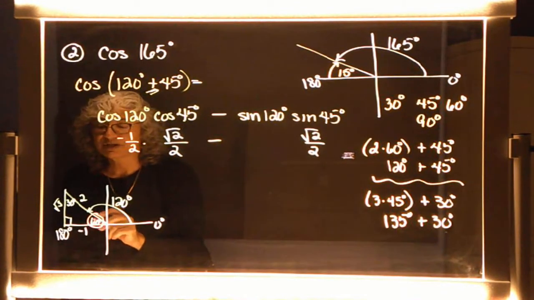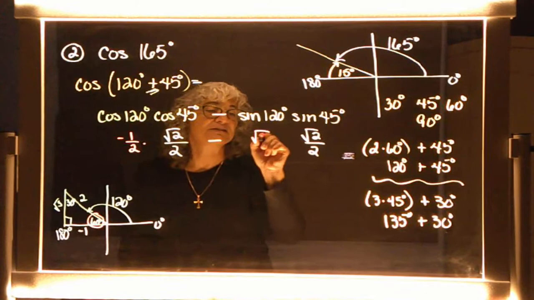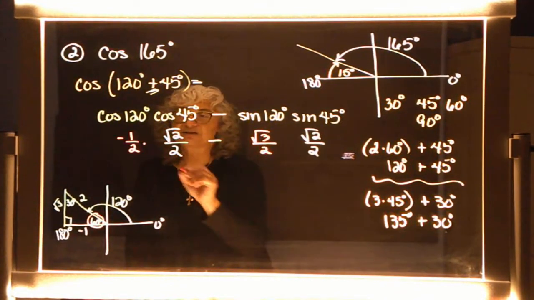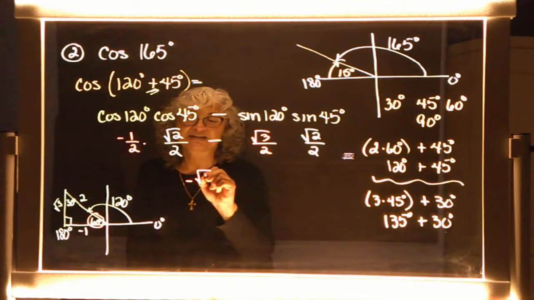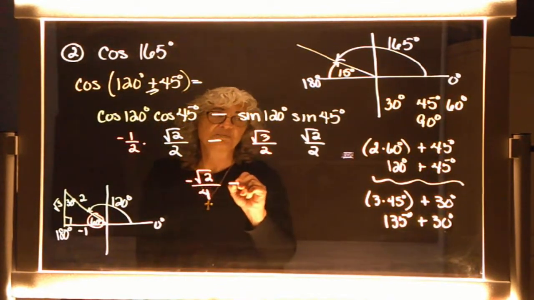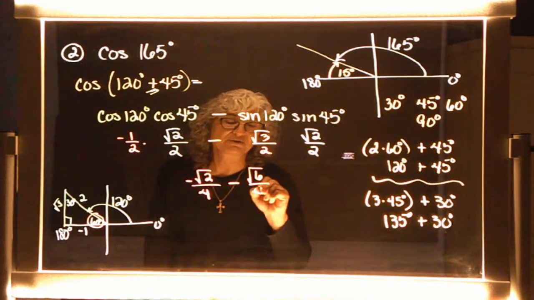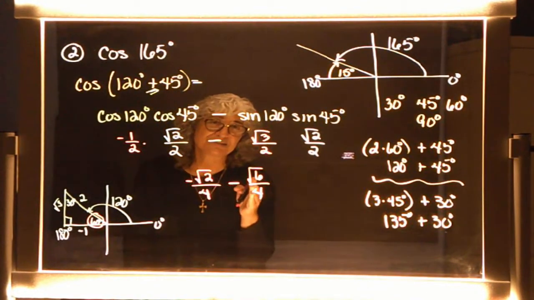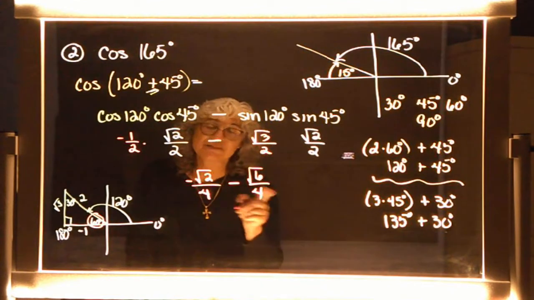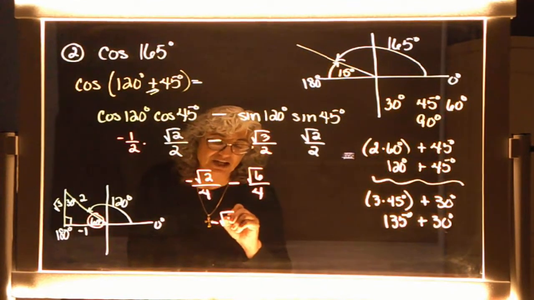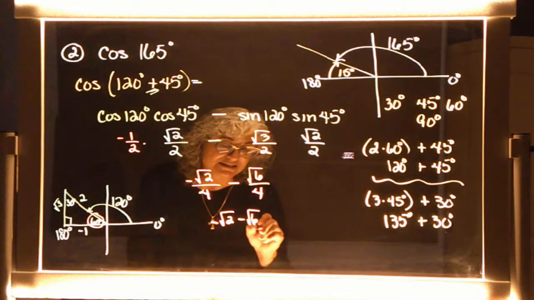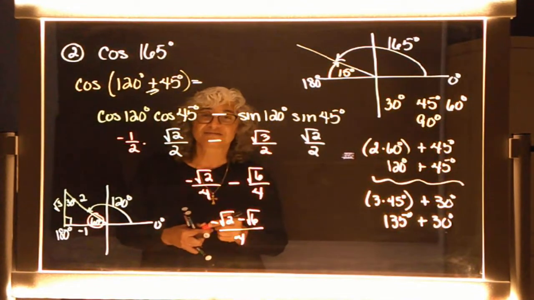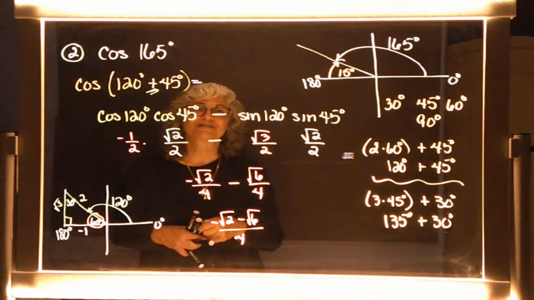Sine would be y over r, and that will be positive, which, when I start multiplying my fractions, I get negative square root of 2 over 4 minus square root of 6 over 4. Cool? Can I actually subtract these? No, I can't. Even though the denominators are the same, I cannot add or subtract these roots since they are different from each other. Good? Hang in there. Got another example for us.